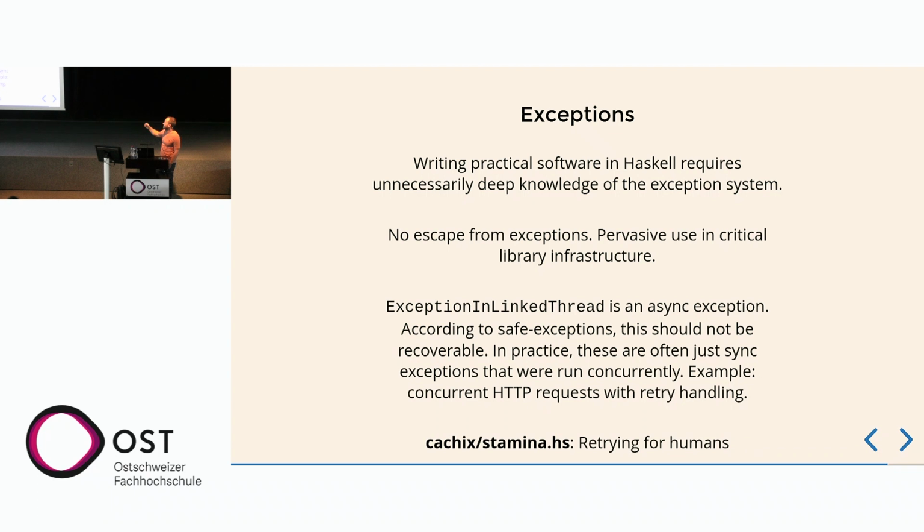So what we did was we wrote Stamina.sh, which is a retrying abstraction for monadic retry, and then we have Stamina.http, which retries all the different HTTP error modes that are retryable, but doesn't retry those that are not, for example. And if you read that code, you will see it's super subtle.